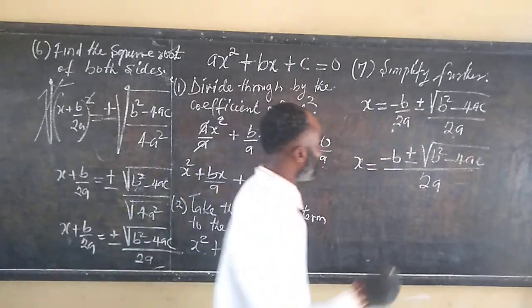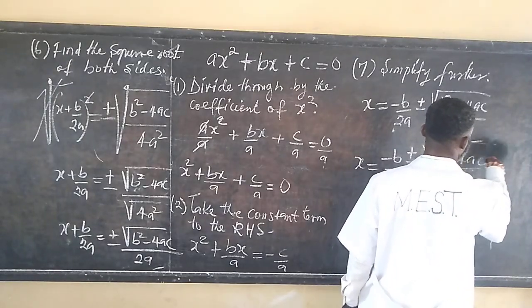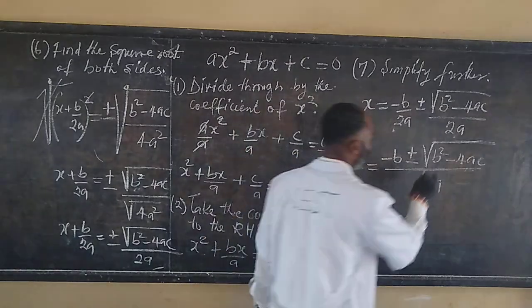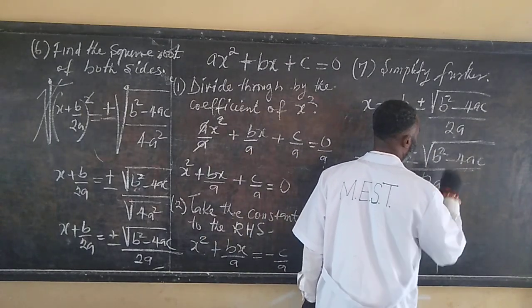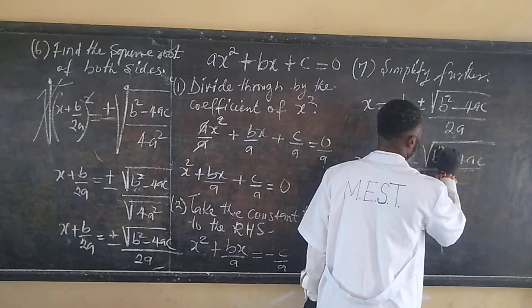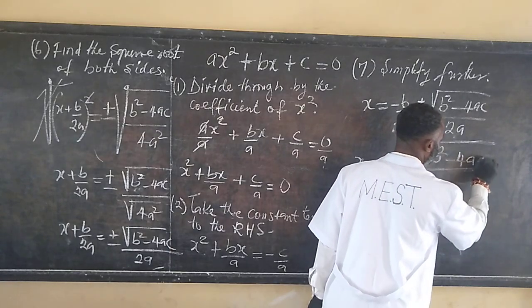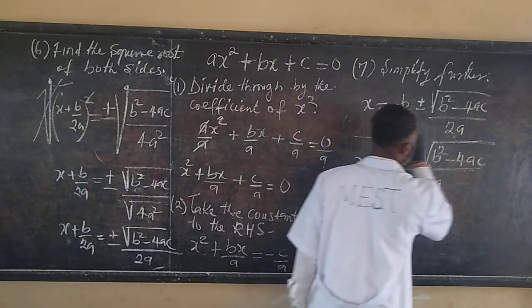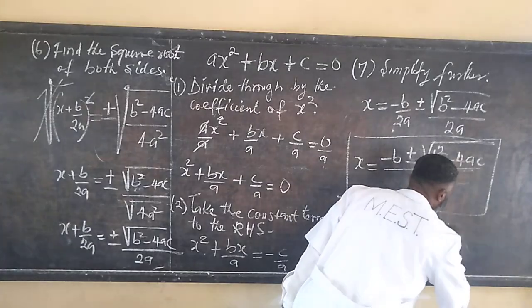It is being solved. Can you see that? It's been proved. We have arrived at the almighty formula that we call the formula method. It's been solved. That is it. QED.